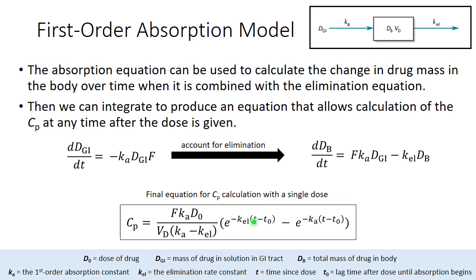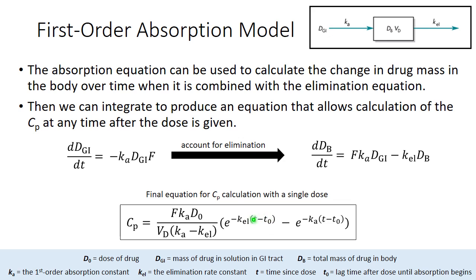And the t is the time at which you want to know the plasma concentration, and we're going to stick with hours. So if I want to know the plasma concentration at 5 hours, that t is since the dose, so that's 5 hours since the actual dosing or administration time, minus the lag time.